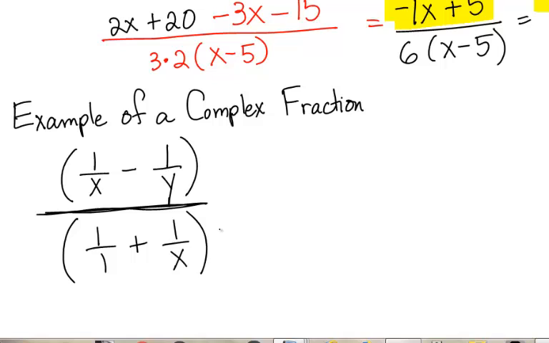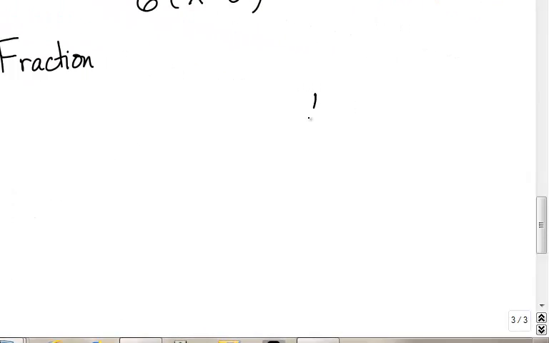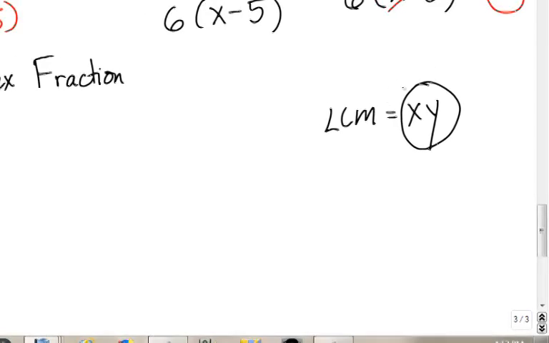Okay, looking at all 4 denominators, how many times does x appear? Once. So x appears once. Looking at all 4 denominators, how many times does y appear? Once. Okay? You're going to multiply both the numerator and denominator by this LCM.